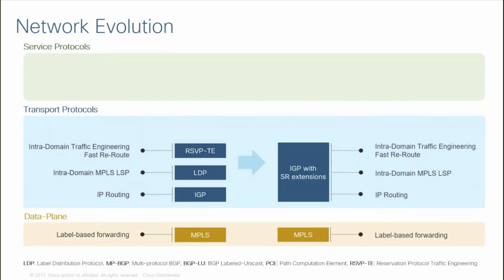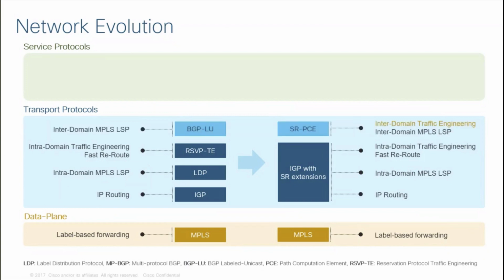Now, obviously, you continue to do routing, but you can also signal your intra-domain LSPs, and the IGP can make use of the properties of SR to do your fast reroute and your path protection in the IGP. As well, you can use the IGP database, morphed into a TE database, to do your intra-domain traffic engineering. So, big changes from the left to the right when you look at the transport.